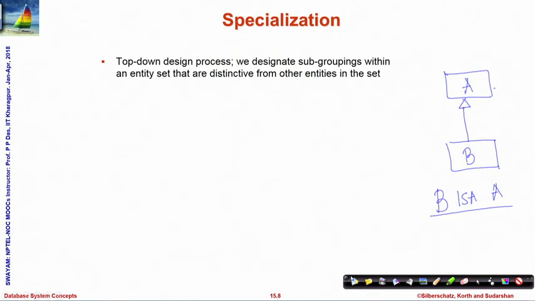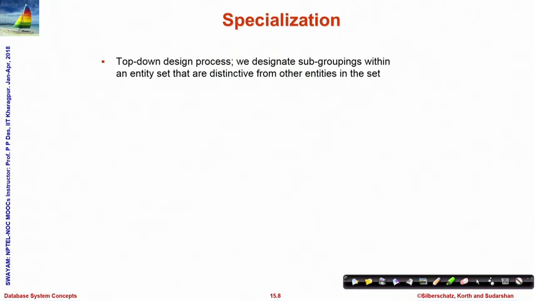So, in terms of the ER model, what we do is we try to look at the entity A and move top down, so that whenever we find a group of entities which have certain commonality, we move them into a lower separate specialized entity set and relate these two entity sets by the specialization relation.